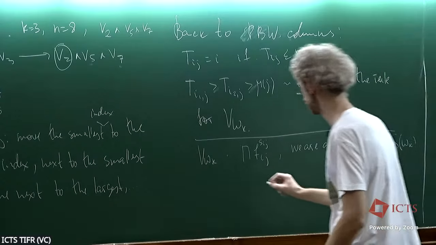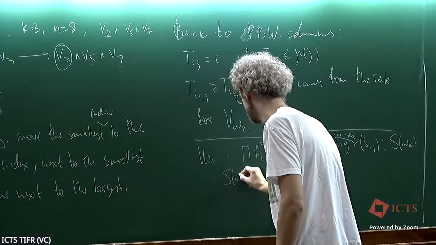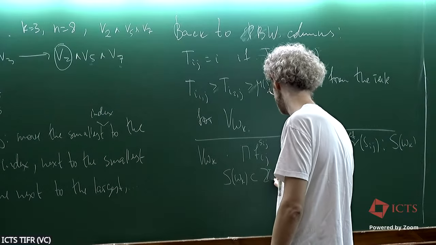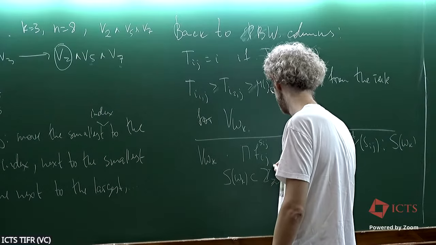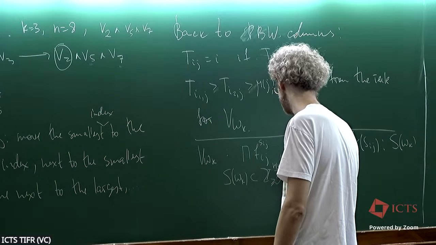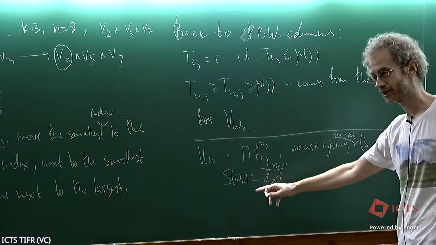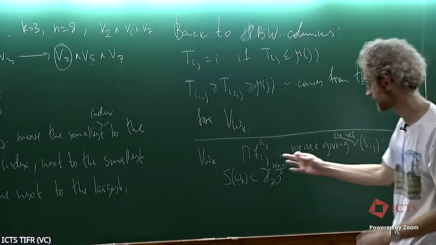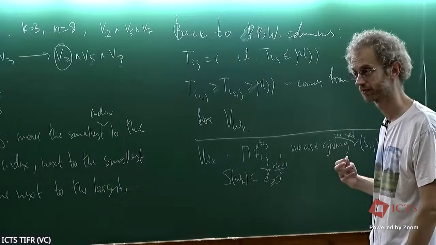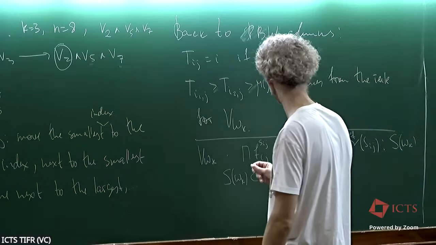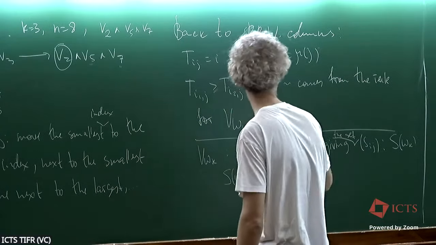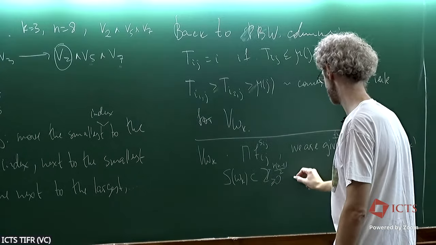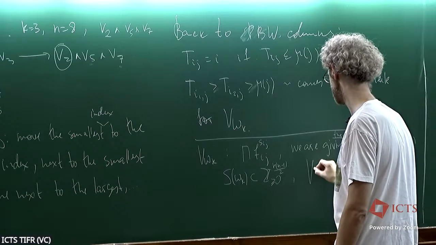So let me write again that S omega k is a subset in Z greater or equal to 0 to the power n times n minus 1 over 2. Right, so each element here is a collection of Sijs, and the number of these pairs is exactly how many Ijs do we have. Now I want to get a basis for V lambda.